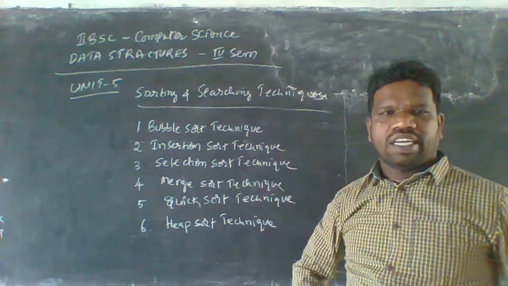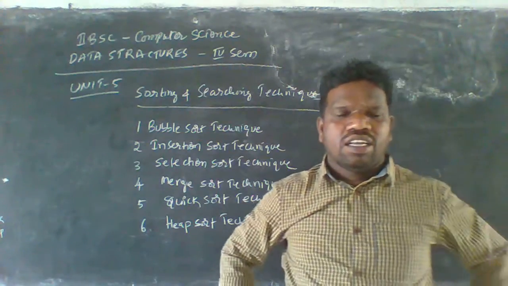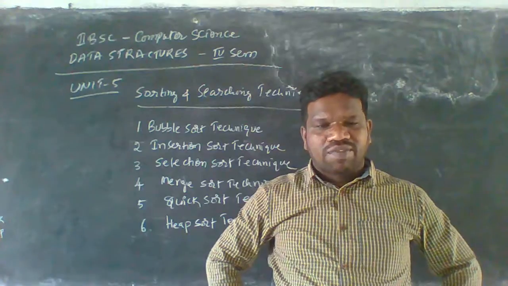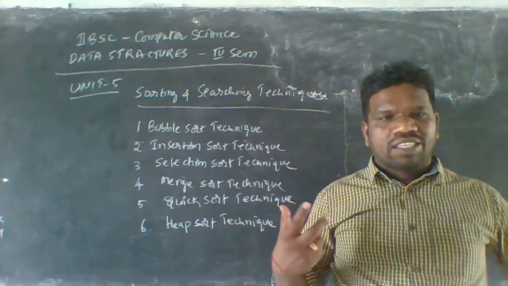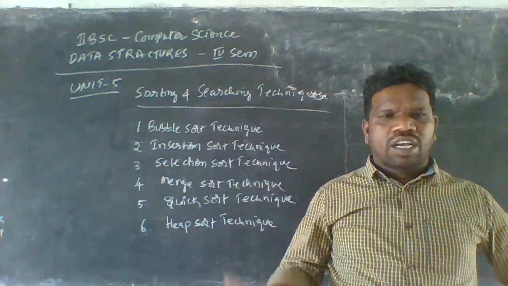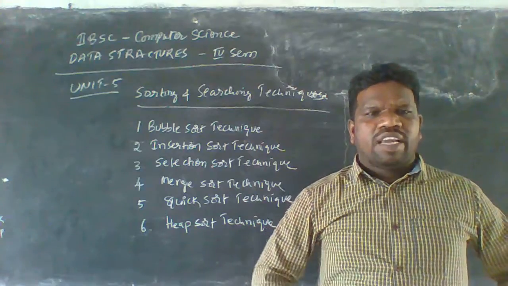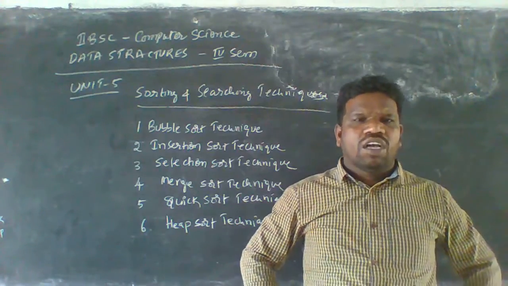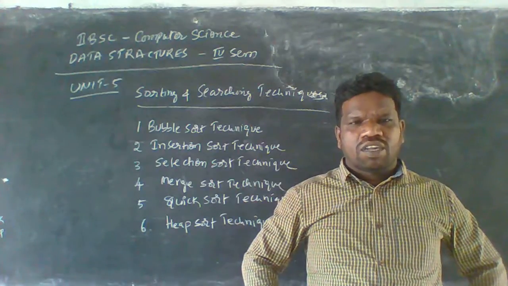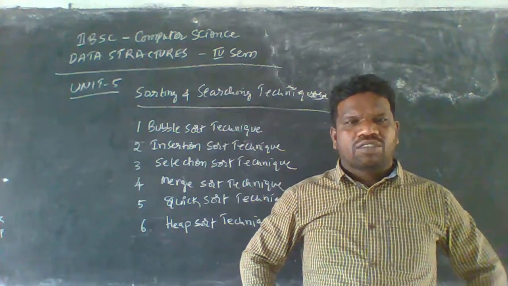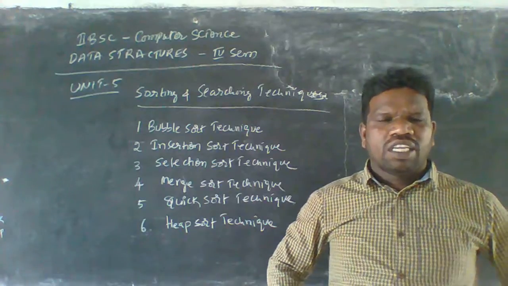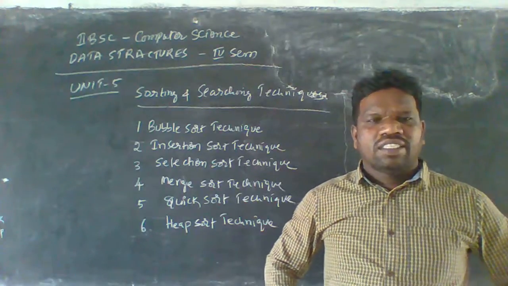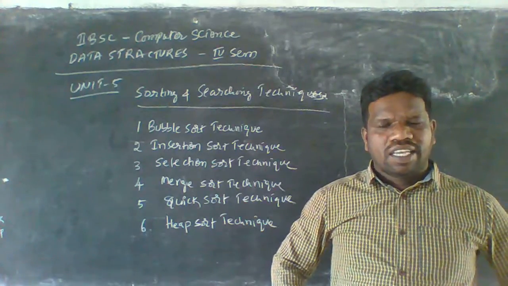What is sorting here? Sorting is one of the techniques used to arrange the elements. By default, the elements may be placed in no particular order. We can place the unordered elements into an ordered arrangement, such as ascending order.